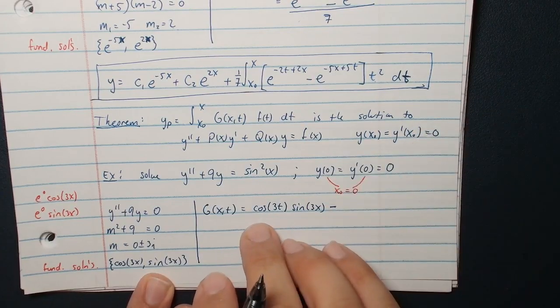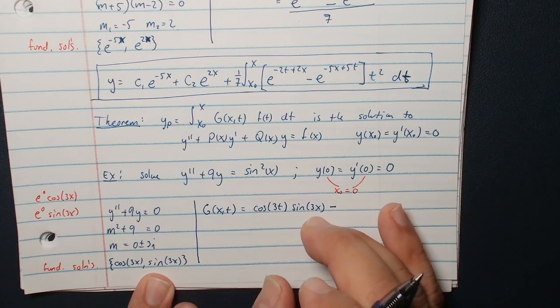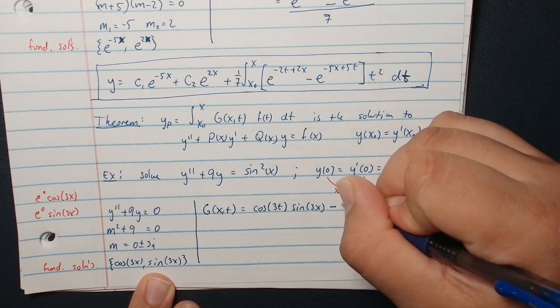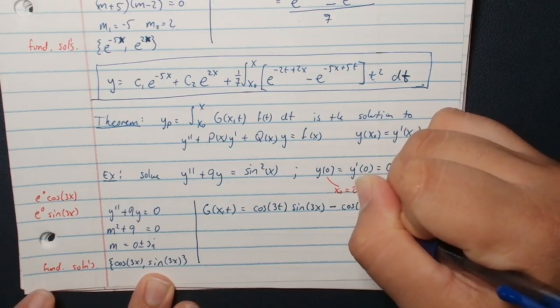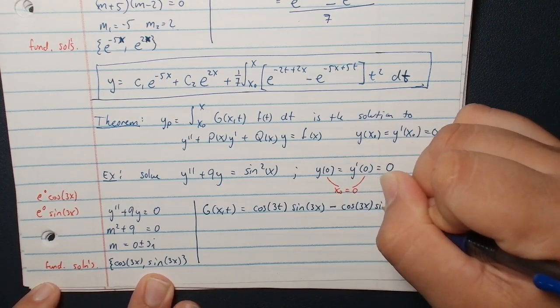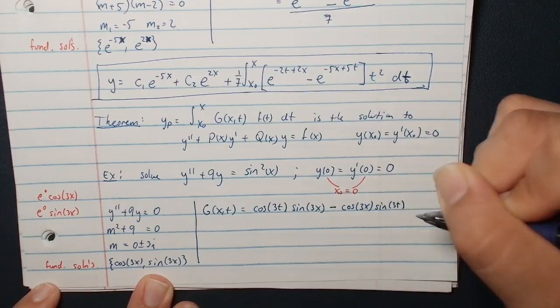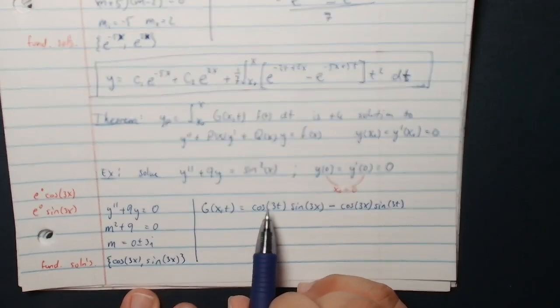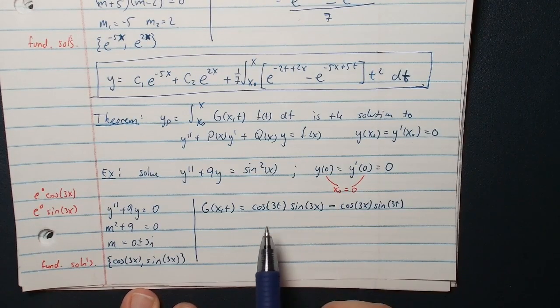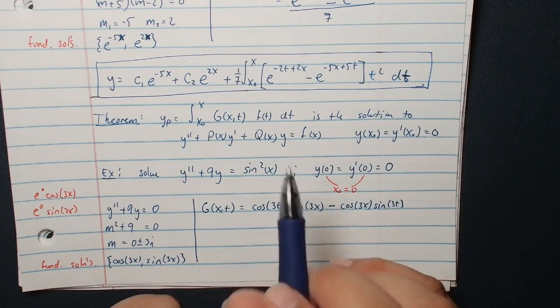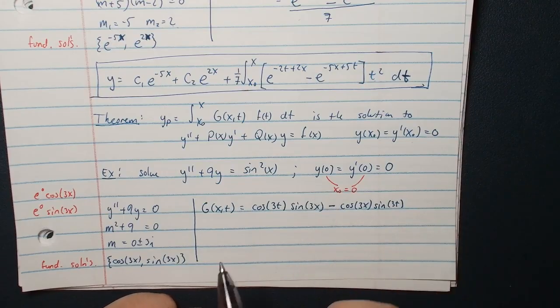Minus, now the exact same functions but with the variables reversed: cosine of 3x and then sine of 3t. Some of the more observant of you who remember your trigonometry may recognize the sum and difference formulas for sine and cosine here. But if not, that is what it is.